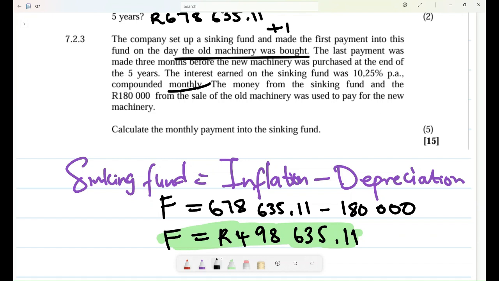The last payment was made 3 months before the new machinery was purchased at the end of 5 years. So the payment was made 3 months earlier, so we're going to subtract 3.